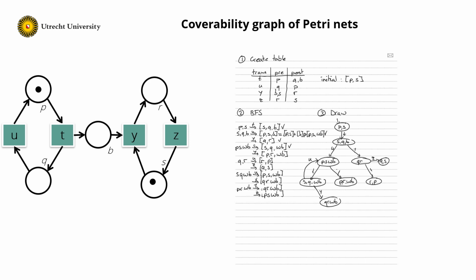I'm in PR omega B. I can do a U to PS omega B. So that's back to here with a U. And I can do a Y to QR omega B. That's this one. Sorry, I can do a T. This is a T. And this is a Z.